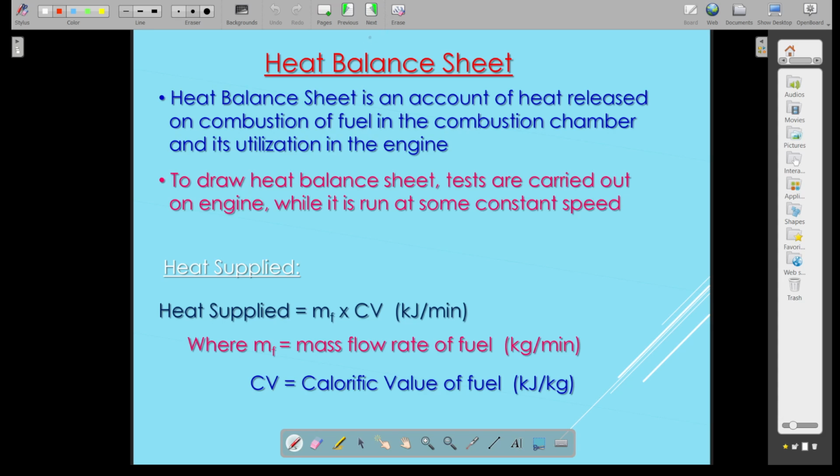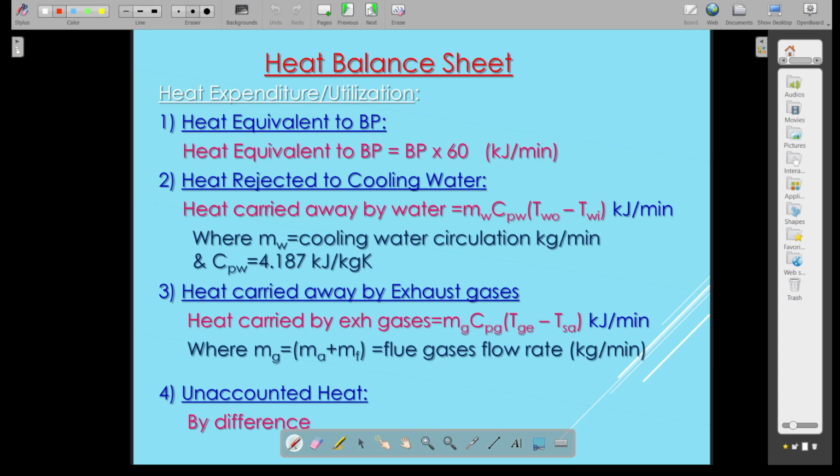Then regarding the heat balance sheet, I have already told you we need to find the QS. QS is MF into calorific value. Then I have told that heat equivalent to brake power is the QBP, brake power itself. Heat which is carried by the cooling water, MCP delta T. The heat which is carried by the exhaust gases, MCP delta T again.